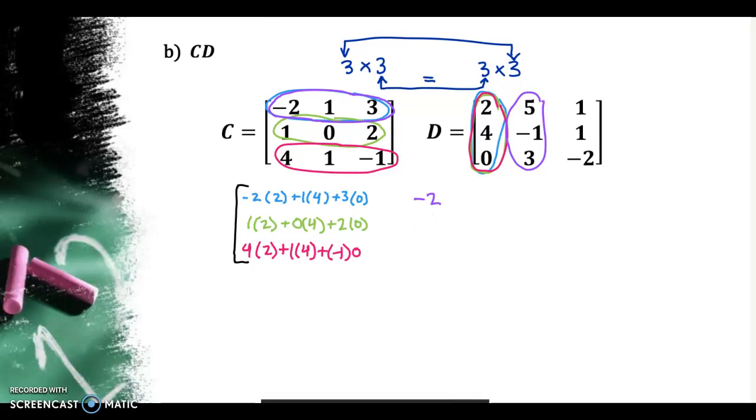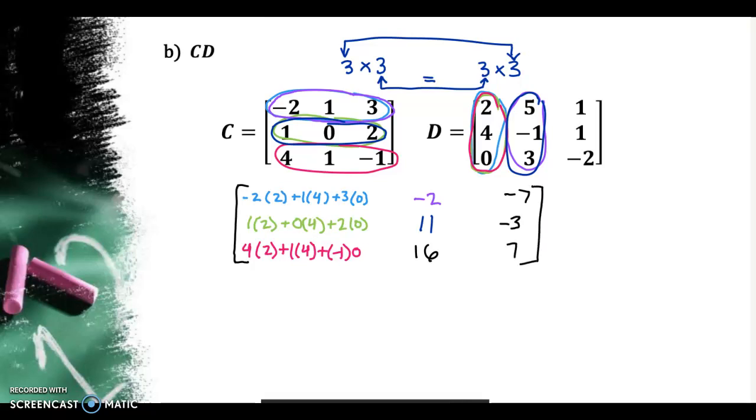I'm going to do that 11 in a different color so you can see where that's coming from real quick. We'll take second row, second column to get 11, etc. Now, for the rest of them, I'm going to go ahead and just write them down. We'll get 16, -7, -3, and 7.